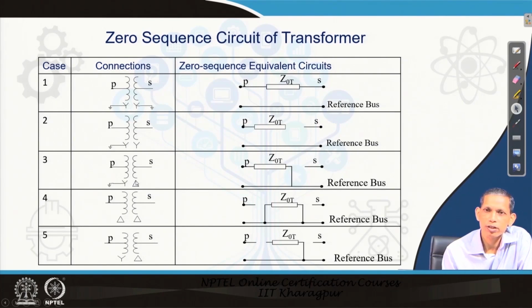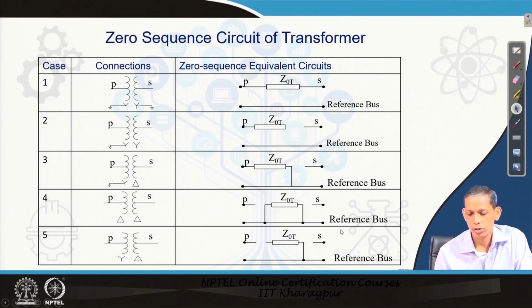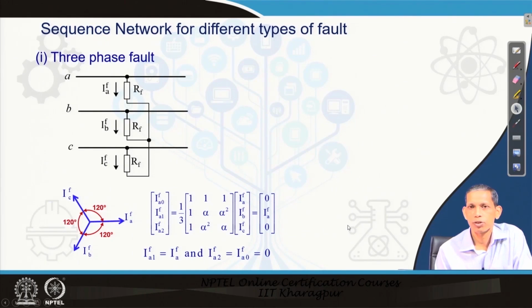So they can flow in the winding of the transformer. That leads to a circulating current inside the winding, and therefore it finds a path like this. You can extend the idea to the other connections also, delta connection or star connections. So, depending upon the connection of the considered transformer, the zero sequence impedance of the transformer is incorporated in the system.